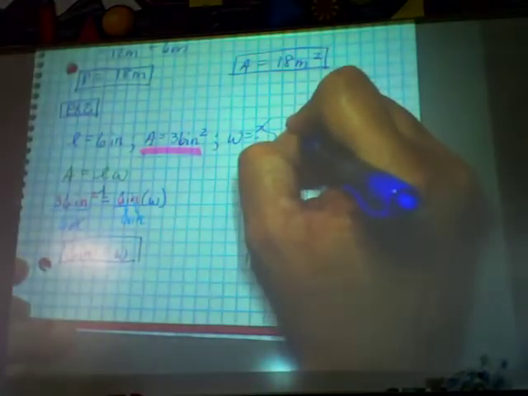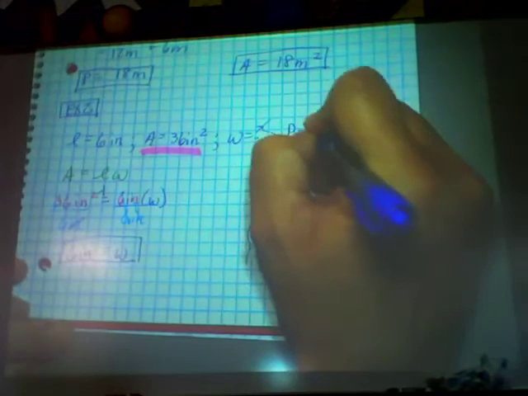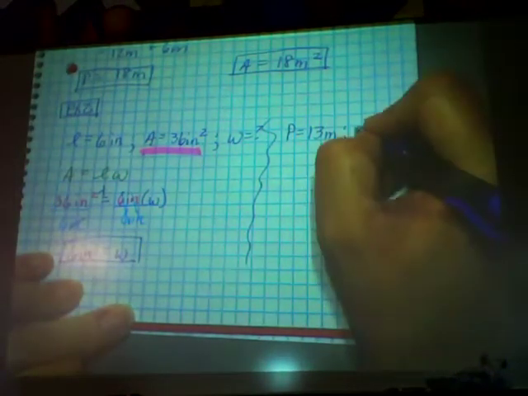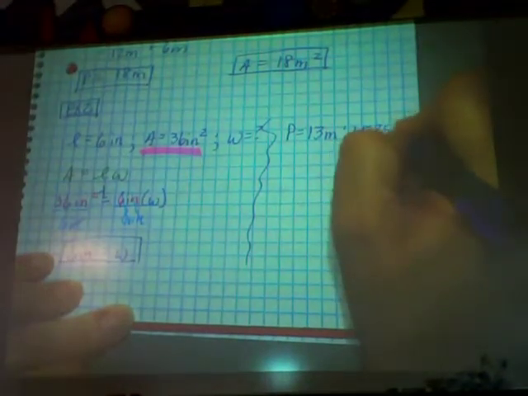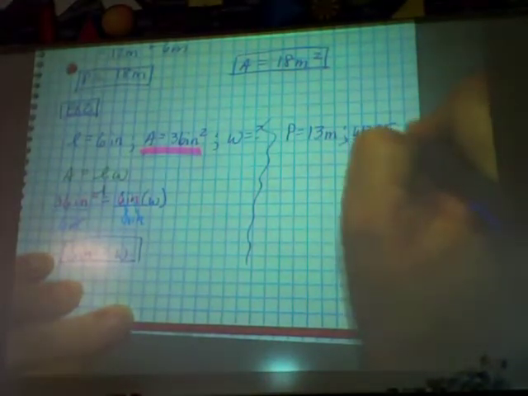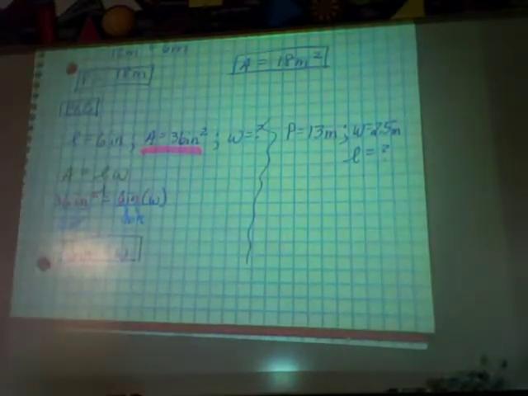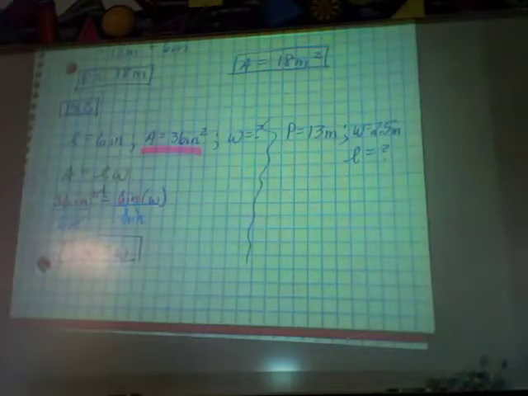All right, what if I gave you this instead? Perimeter is equal to 13 meters. Width is equal to 2.5 meters. Find length. What are you going to start with? This one's not so easy to do in your head. You could, but let's not. Yep.